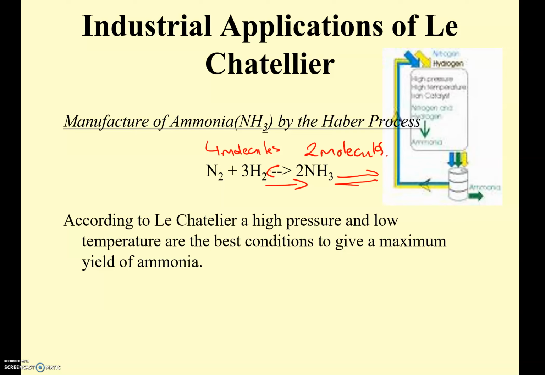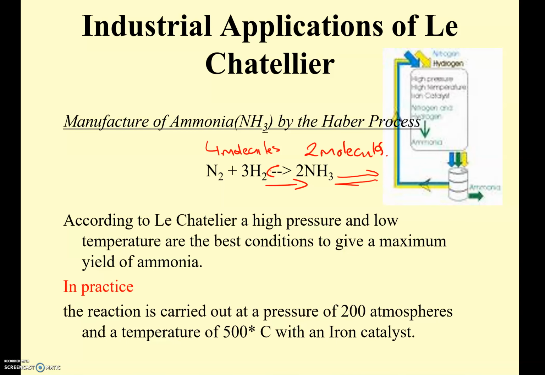That is because this is an exothermic reaction, and we know that if we decrease our temperature, our yield increases for exothermic reactions. Similarly, if we increased the pressure, that would favour the forward reaction as well. So you would think that in industry they would go for a high pressure, low temperature situation.